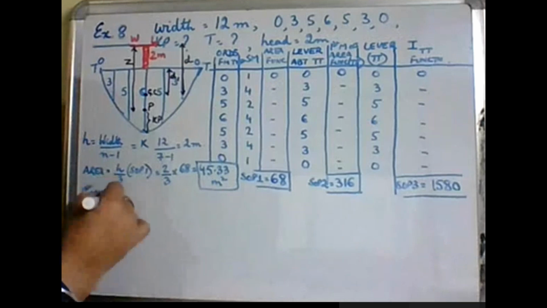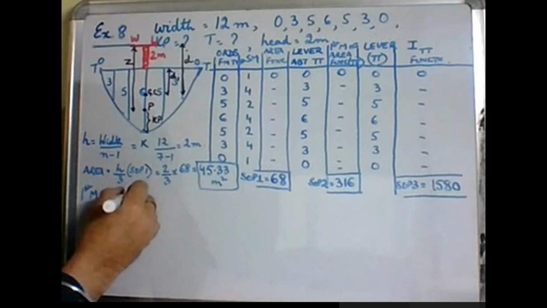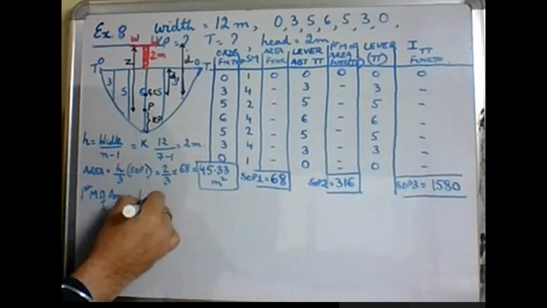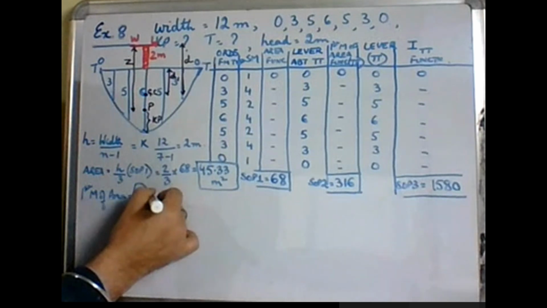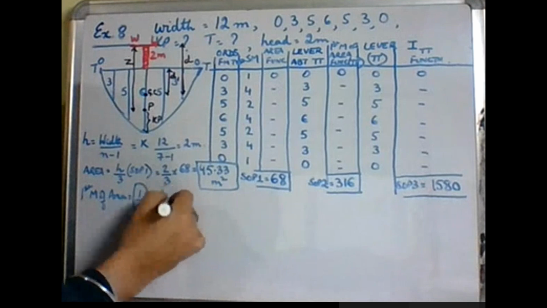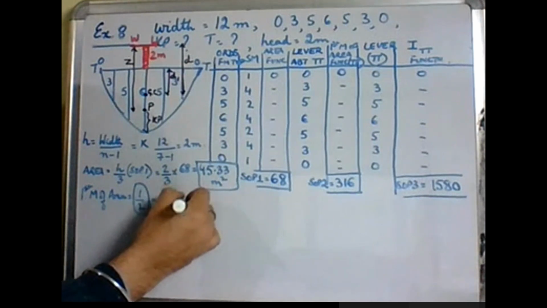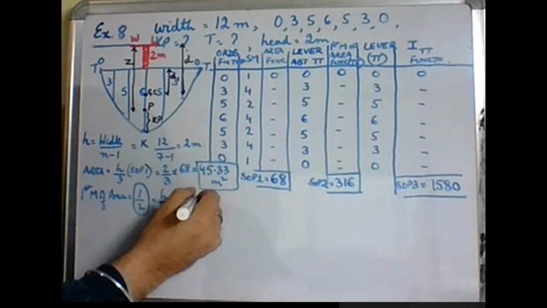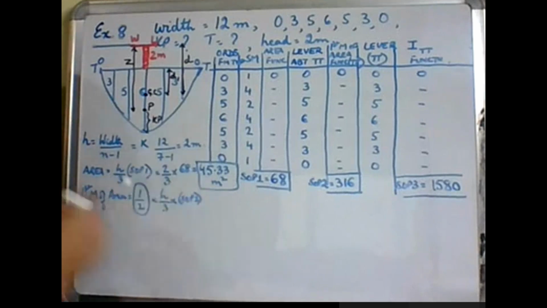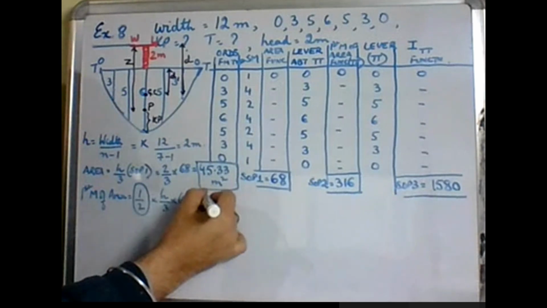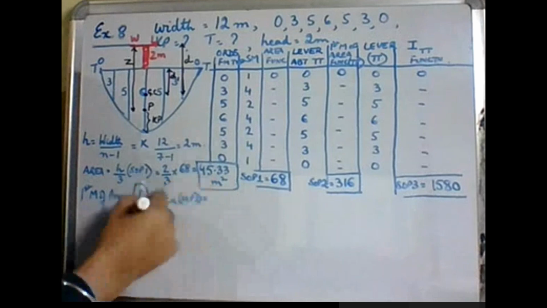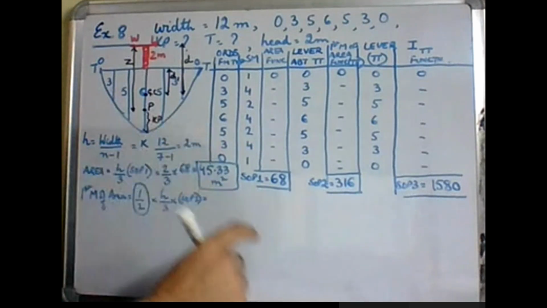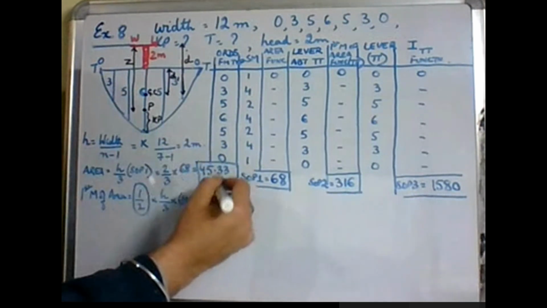First moment of area will be multiplied by half. Half is a constant, always. So half into H by 3 into SOP2. This will always be half. Half is a constant value for vertical ordinates for first moment of area.